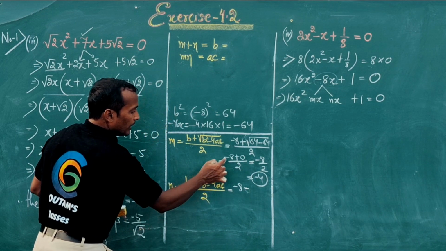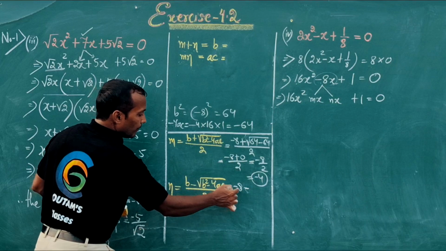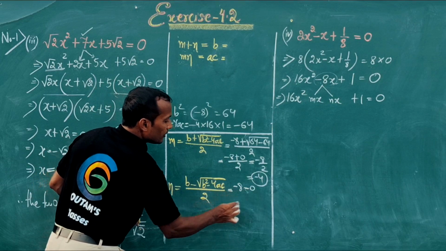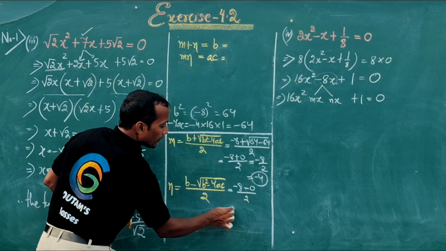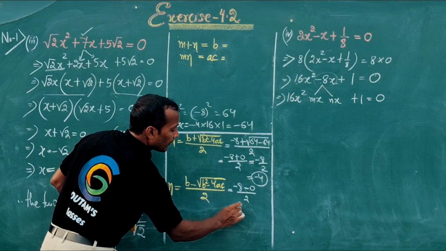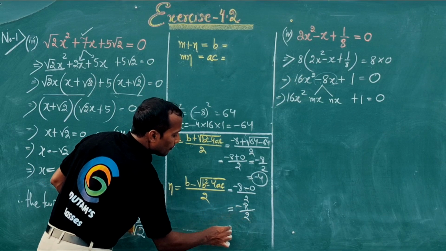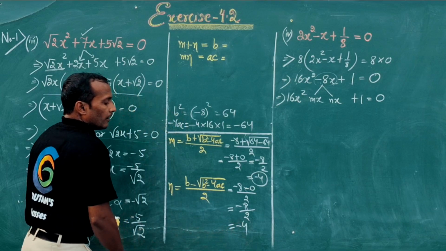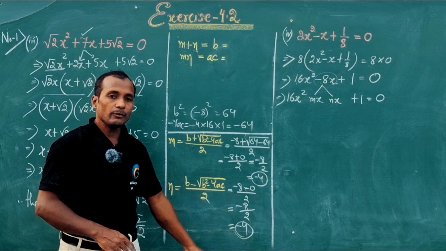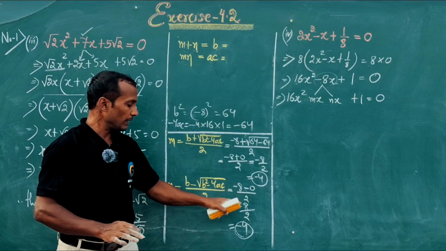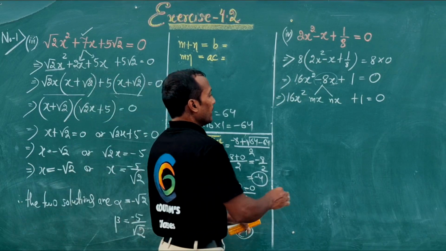So minus 8 plus 0 I had; now I will have minus 8 minus 0, by 2. That means minus 8 by 2, which means minus 4. So here the values of m and n are both equal: minus 4, minus 4. I will use that.